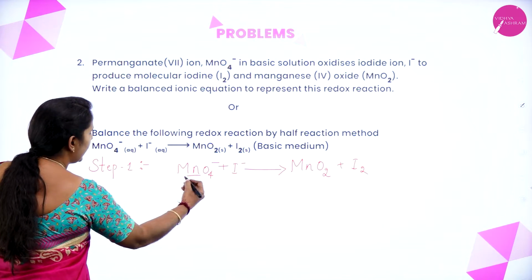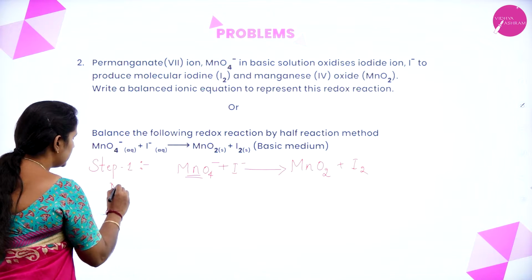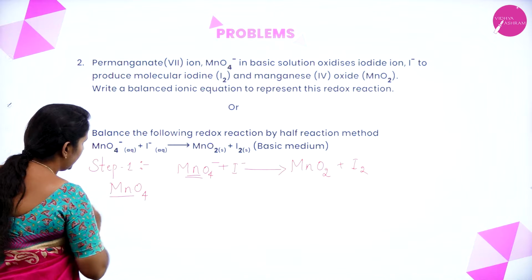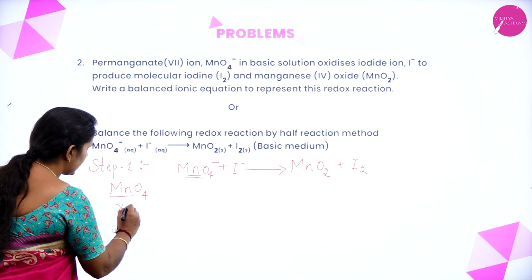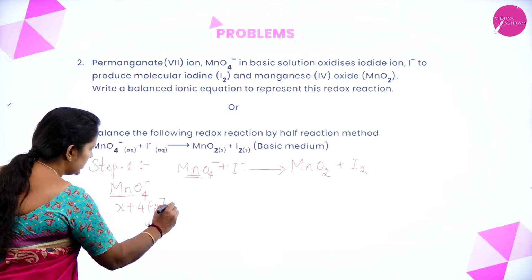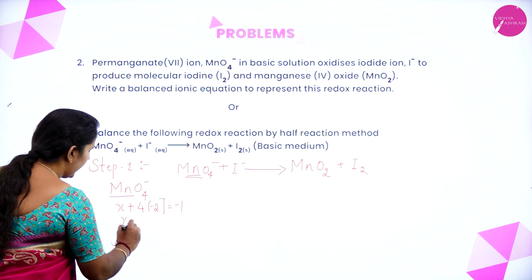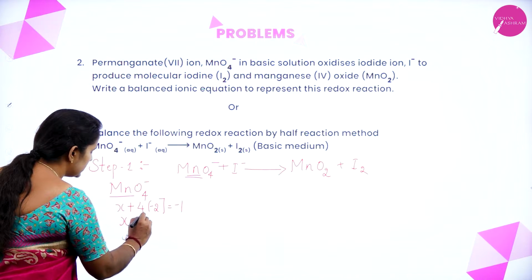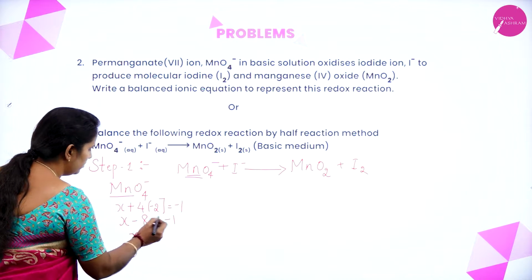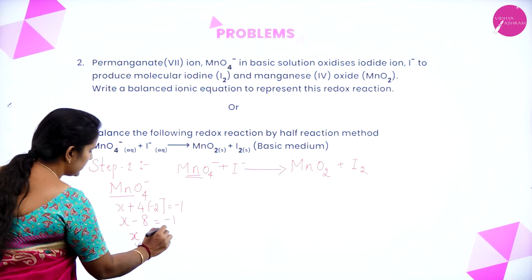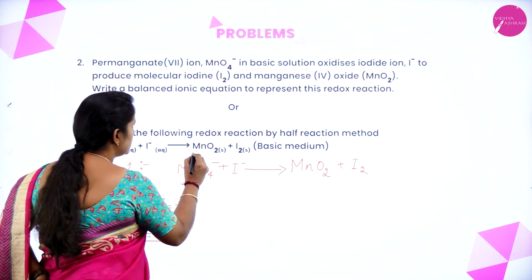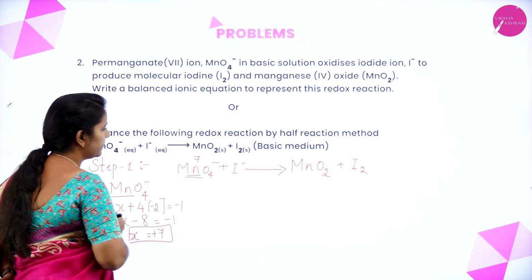So I'll calculate the oxidation number for MnO4-. Let me consider Mn as X. So X plus 4 into -2 is equal to -1. X minus 8 is equal to -1. X is equal to +7. The oxidation state of Mn in MnO4- is +7.